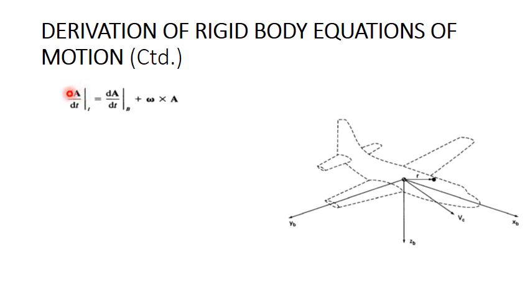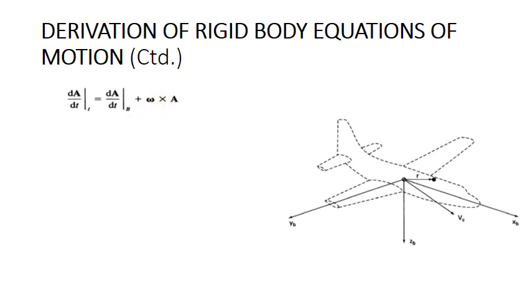The derivative of an arbitrary vector A with respect to an inertial frame I is equal to dA by dt with respect to the body axis, which is another rotating frame, plus omega, the angular velocity vector of the body axis, cross A.